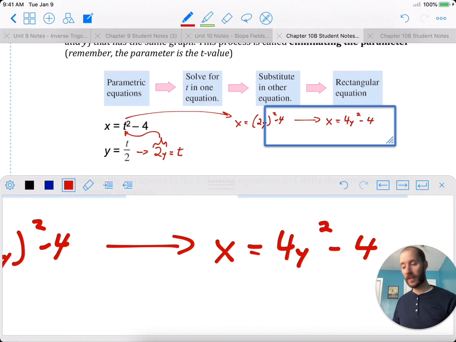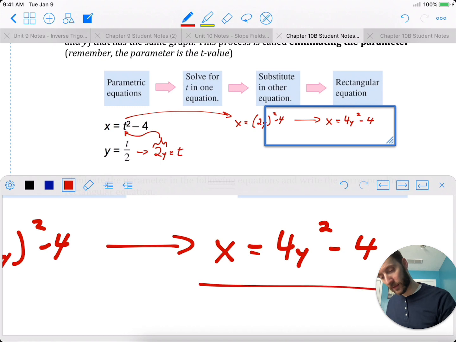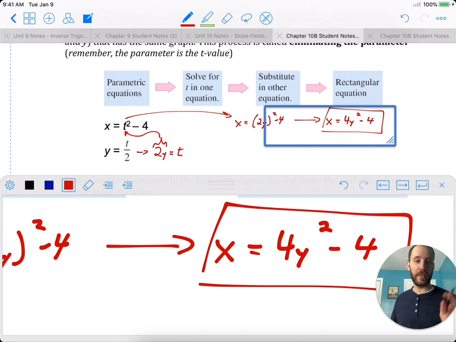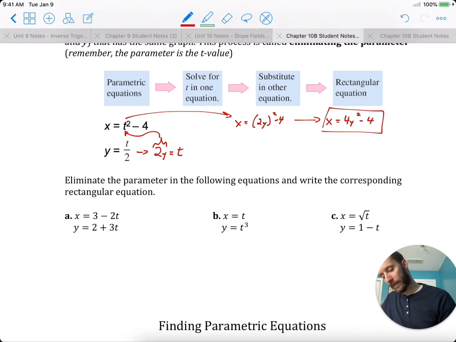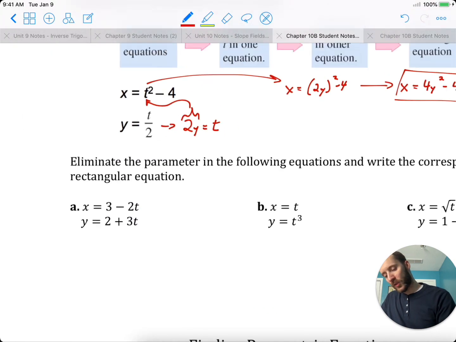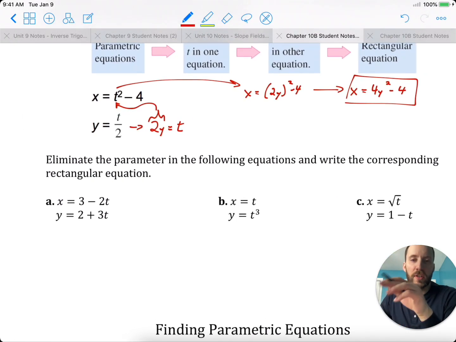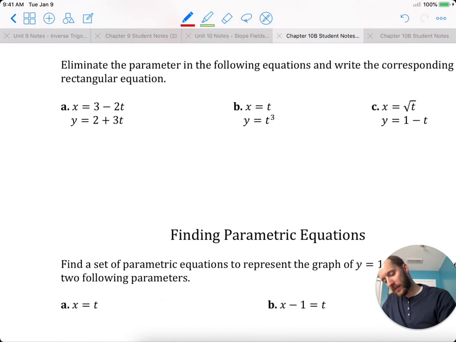If you want to, if that floats your boat, find your lost TV remote, go ahead. But it's an equation, you can leave it as such. So in these 3 examples, put them into rectangular form, then check your answers with my completed notes online.